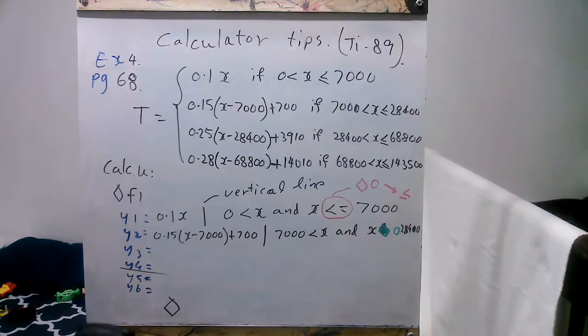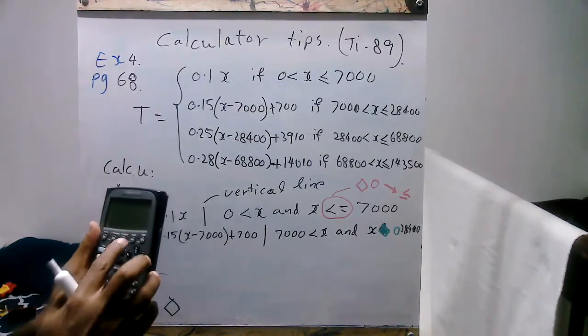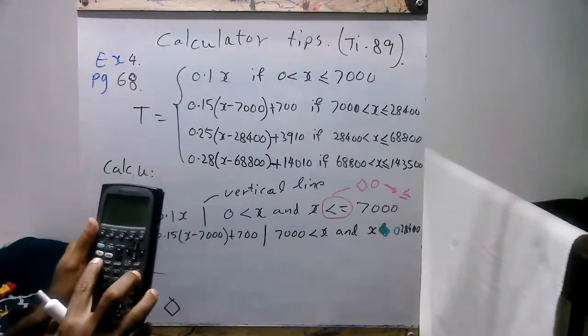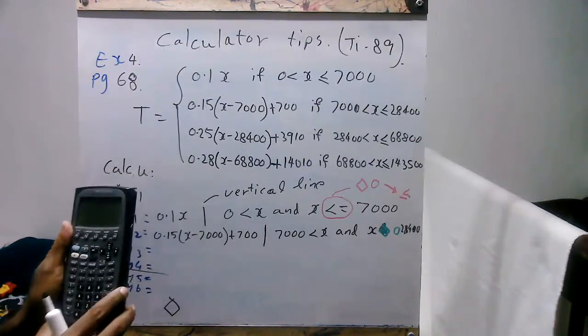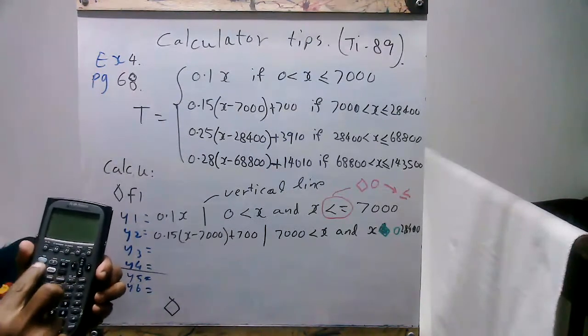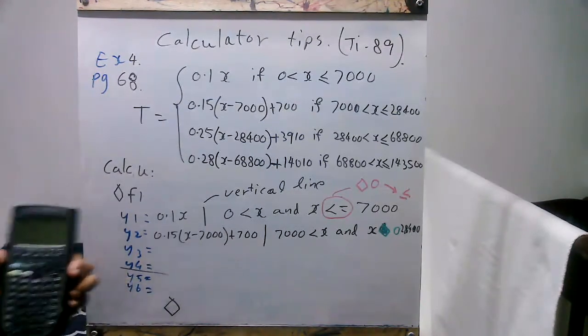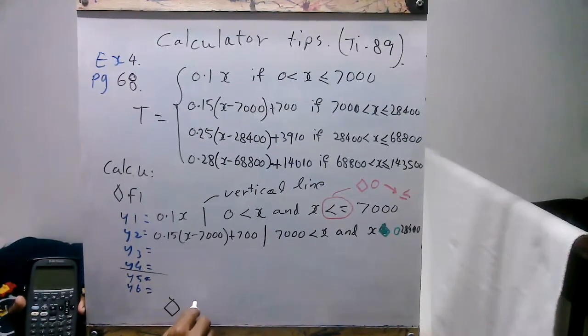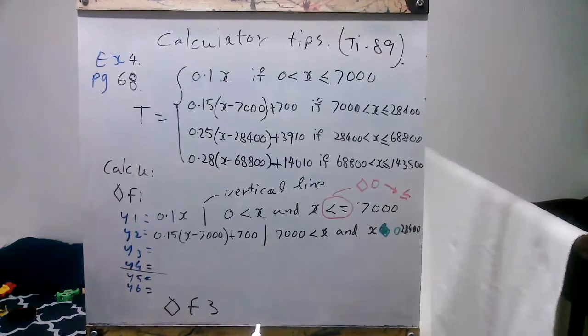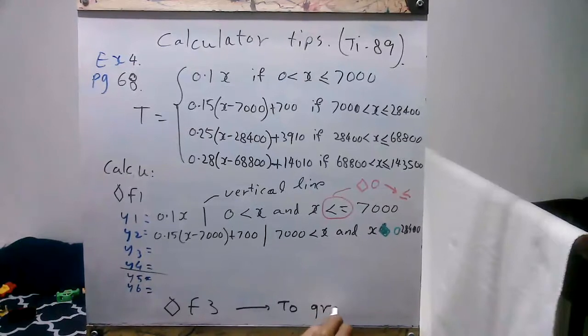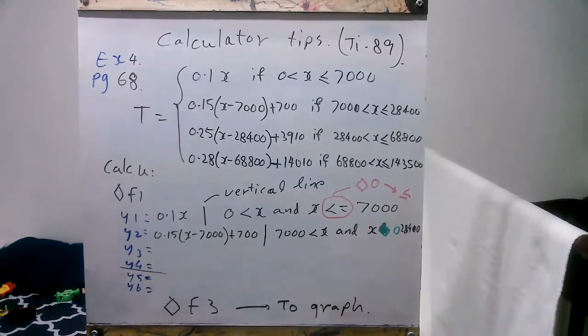In the last video, I explained that these functions, green diamond and F3, are to graph. This is to graph.